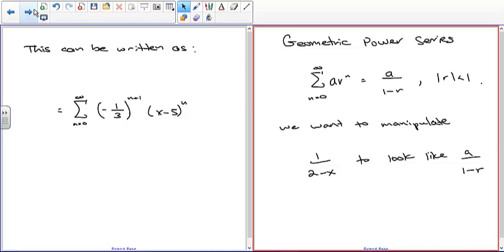Not exactly like that, but sort of looks like it, because it's a rational expression. And we have two terms in the denominator, one's a constant and one's not a constant. So the question is, is there any way that we can manipulate this to look like that?